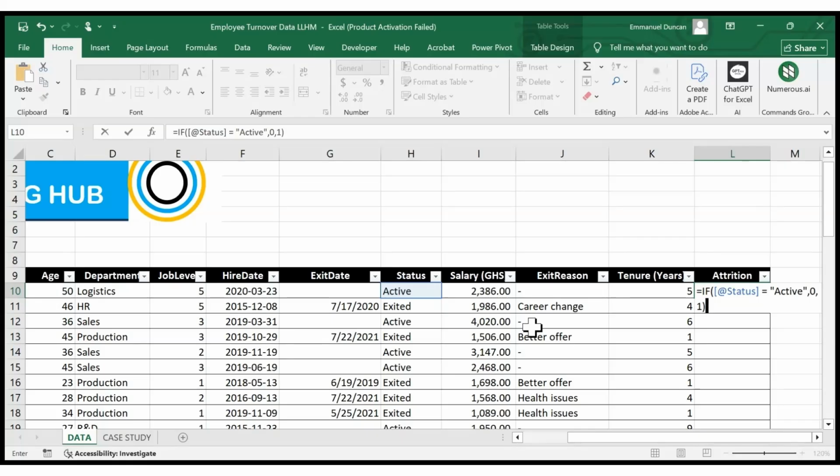If the employee has left, we are going to represent that employee with one. So here, our risk band spans the range of zero to one. The employees who are active are zero, they are still there, and those who left are one. Let us go ahead to insert our pivot tables.